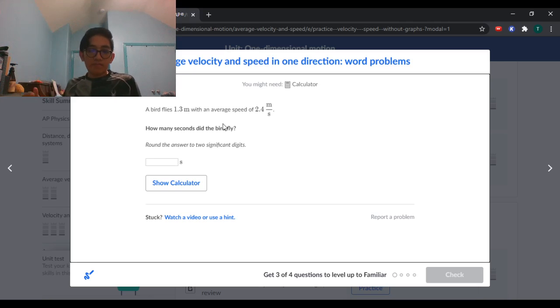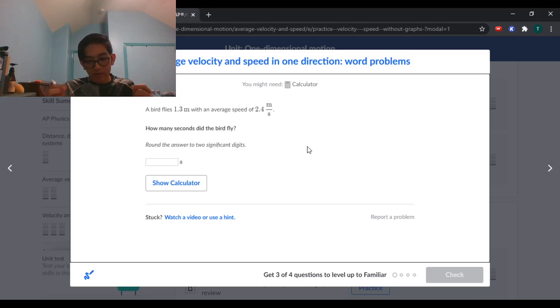Average speed is basically average velocity but without the signs, right? So from there we can understand that 2.4, the average speed, would equal distance covered over time, right? For me that is what the formula of speed is. It's just basically distance over time. So we're trying to find this time, right?